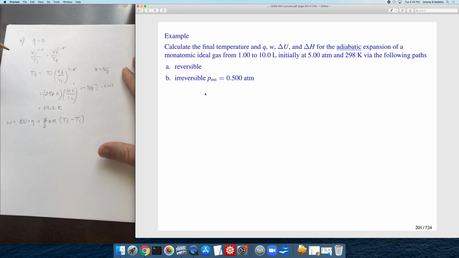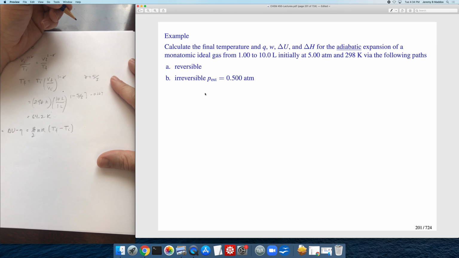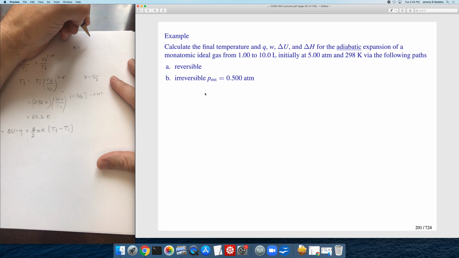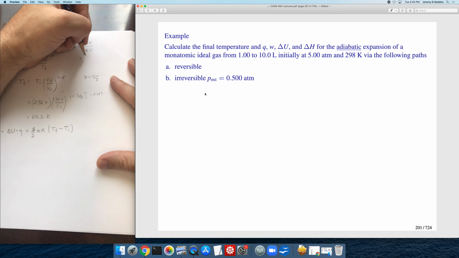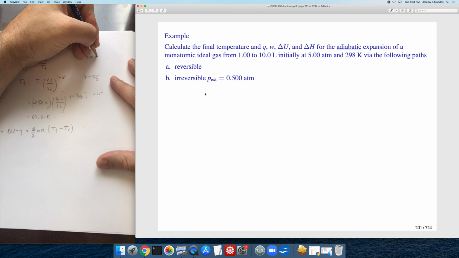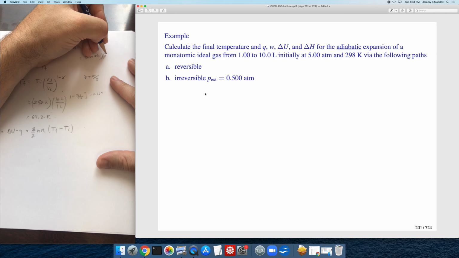We're going to need to know the number of moles of gas for this calculation. So N equals pressure times volume over RT. We can choose either the initial state or the final state. I'll just do the initial state. Volume of 1 liter.